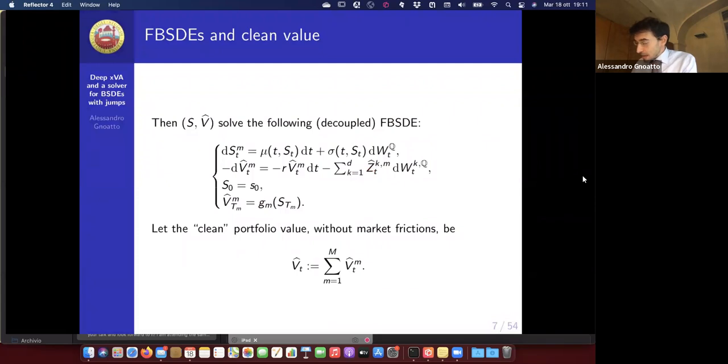In general, in order to have a minimum of realism, we assume that we do not trade a single product between the bank and the counterparty, so we have V hat here as a simple portfolio of claims, which have, for the sake of simplicity, all the same maturity. Of course, in practice, this is not the case.